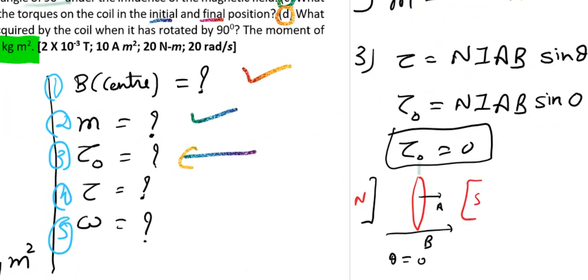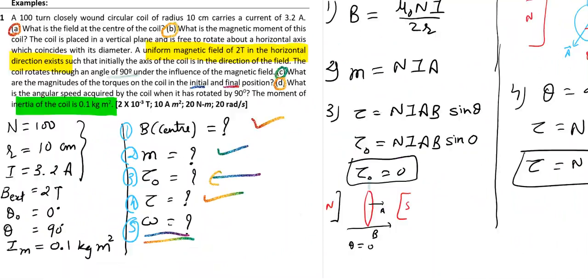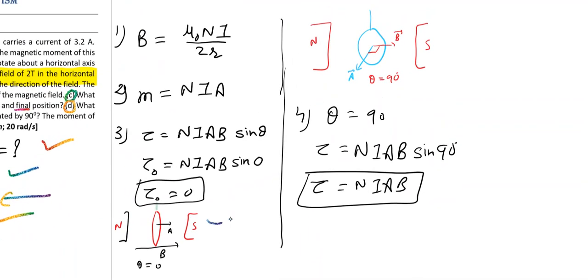So with that, we have these four things calculated, and now we are here. How to calculate the omega? When the coil is taken from one orientation to another orientation, there must be some torque acting. And how do we calculate it? There are different approaches. One way is given in the textbook.